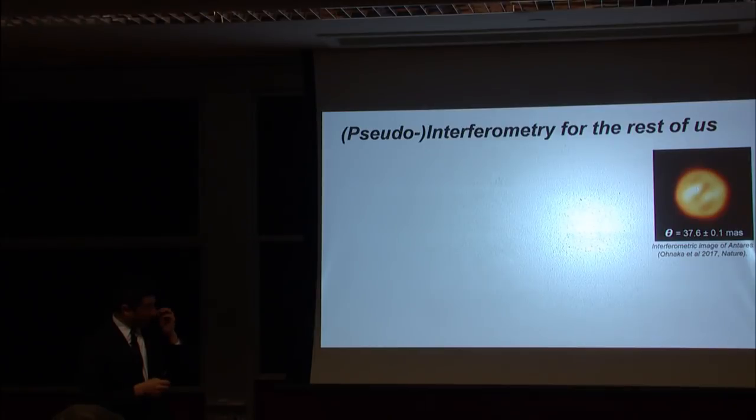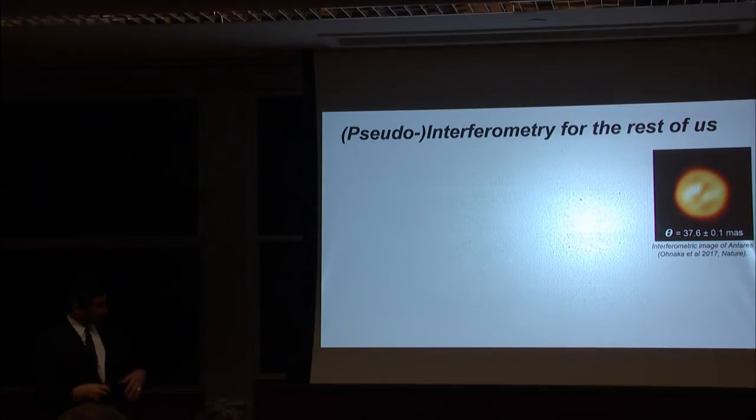And one of my goals for this presentation is to coin this term that you are all tasked with using forevermore, and that is pseudo interferometry. Okay, and here's what I mean. So this is actual interferometry. Very impressive, very recent measurement of Antares, a superbly precise measure of the angular diameter of Antares with microarcsecond precision.